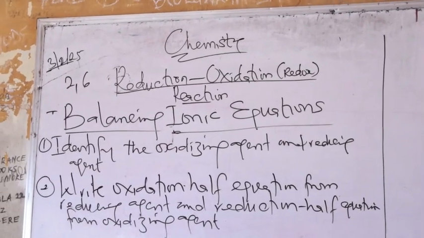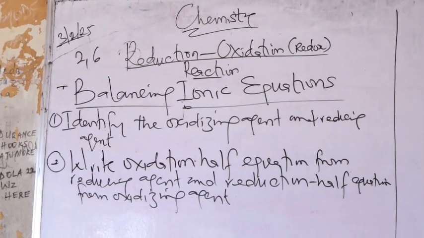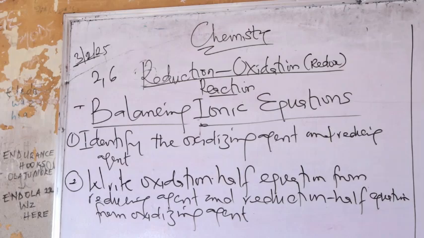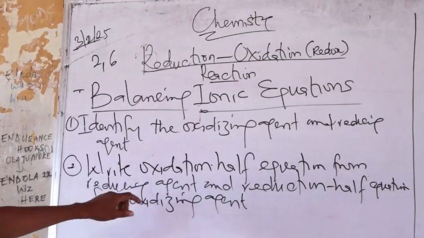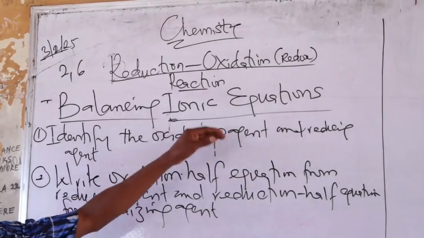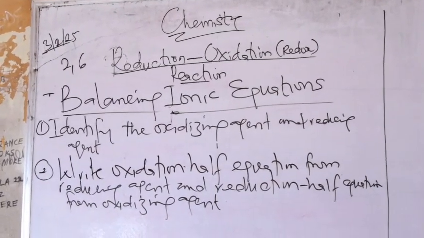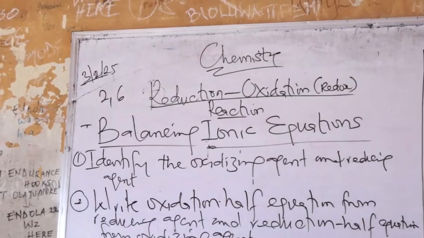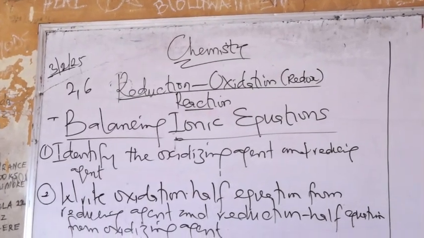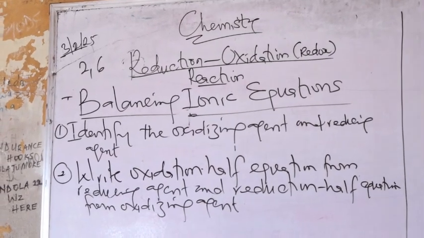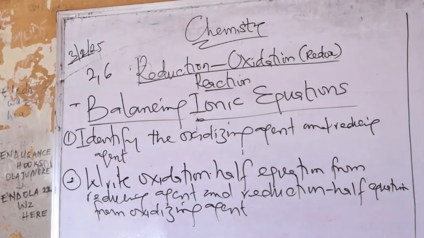Reducing agent. But the process of losing that electron is what? Oxidation. That is why we say reducing agent will undergo what? Oxidation. A substance that gains electron is the oxidizing what? Agent. What's the process of gaining electron? Reduction. And that's why I say oxidizing agent will undergo reduction.